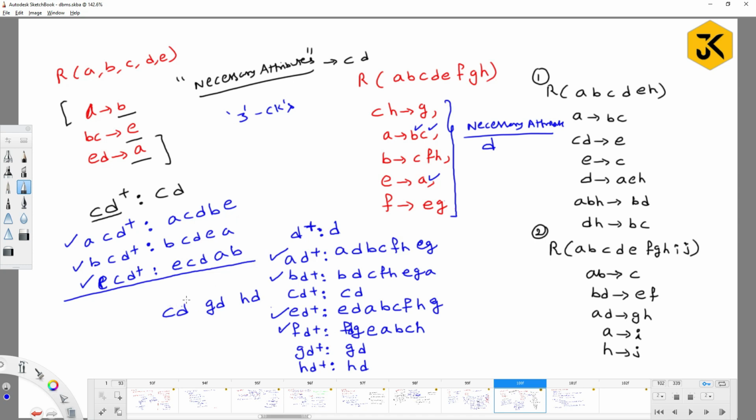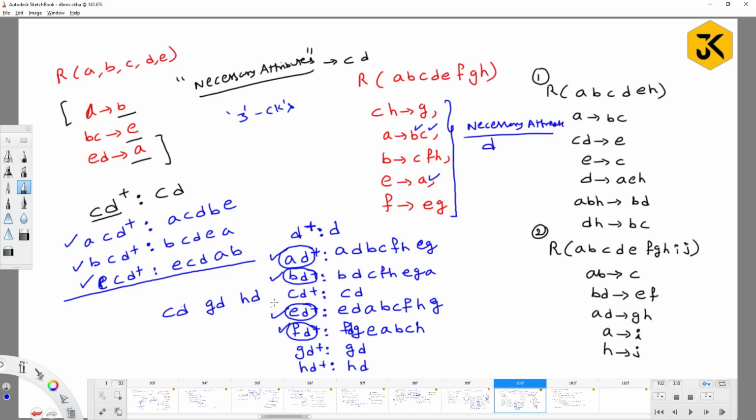Now if I add any attribute to these, will they be supersets of the already found candidate keys? If you add A, it will become a superset of a candidate key.